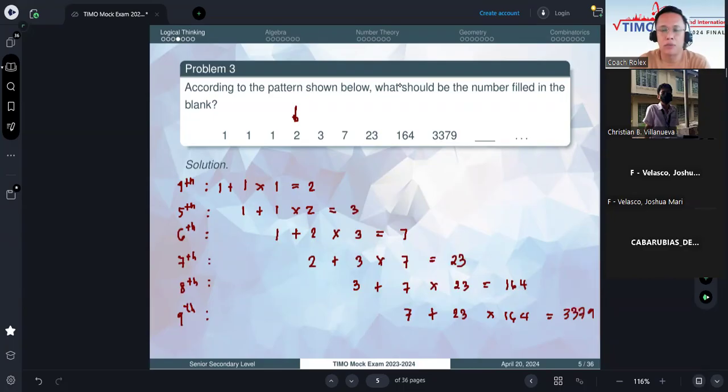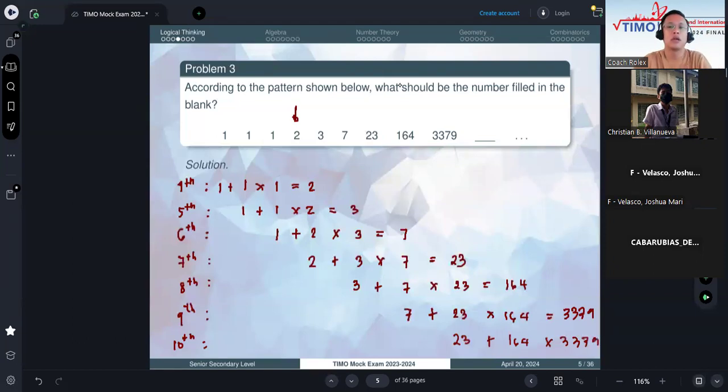3379. So basically, the 10th term, which is what we are looking for, will become 23 plus 164 times 3379.